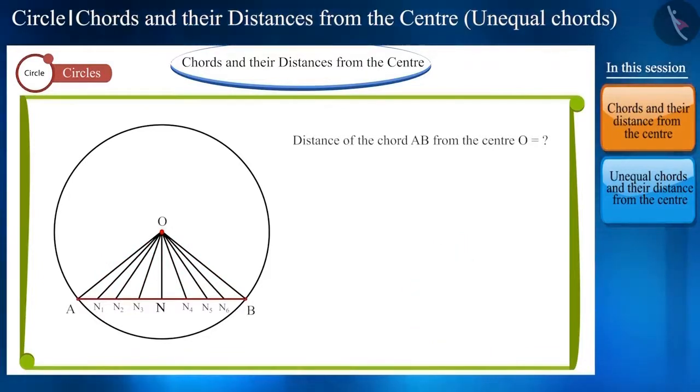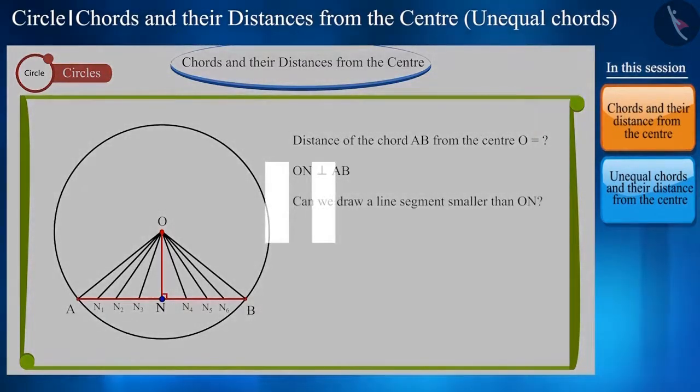Friends, we can see that of all these line segments, perpendicular ON drawn from the center O to chord AB, intersecting AB at point N, has the shortest length. Can we draw a smaller line segment than ON?